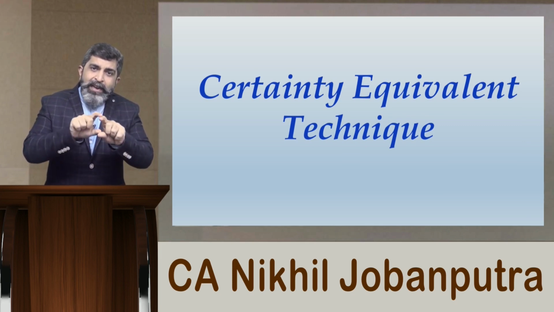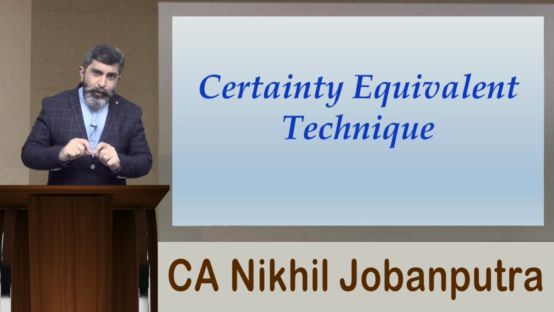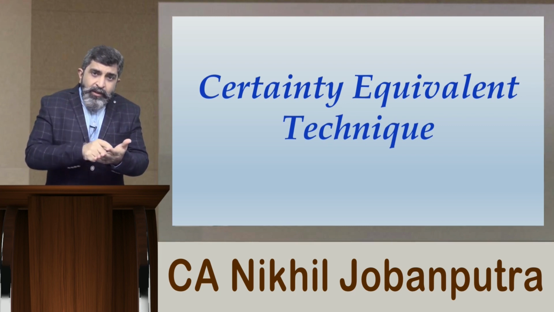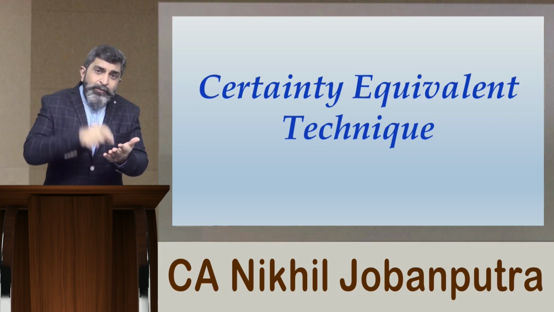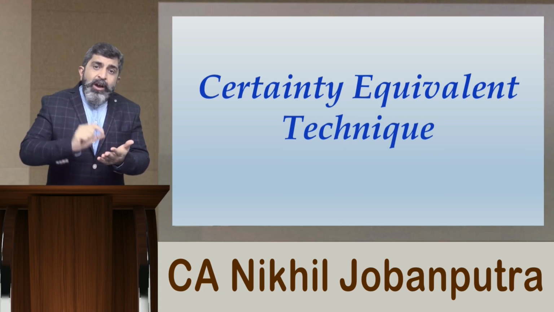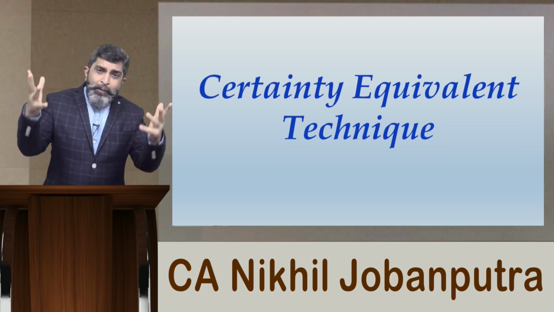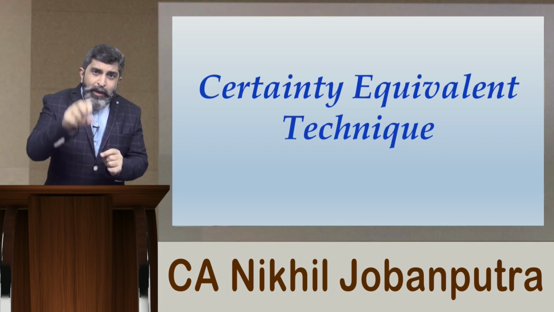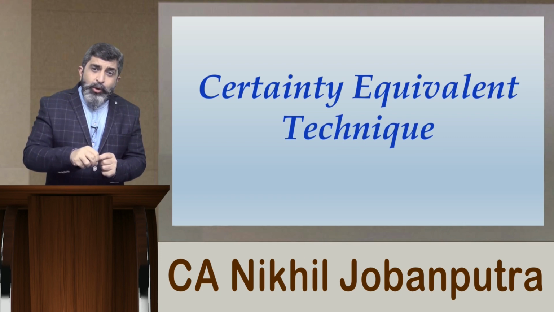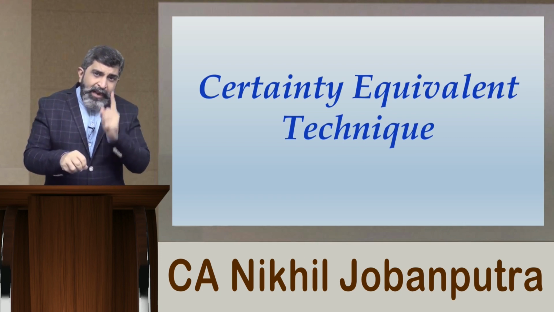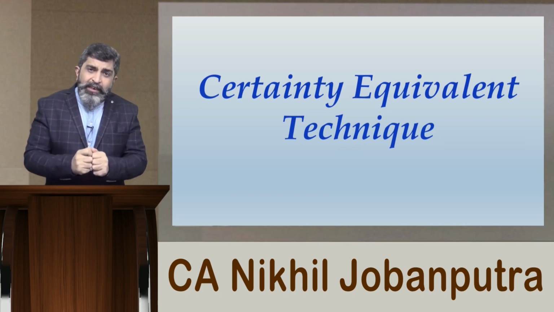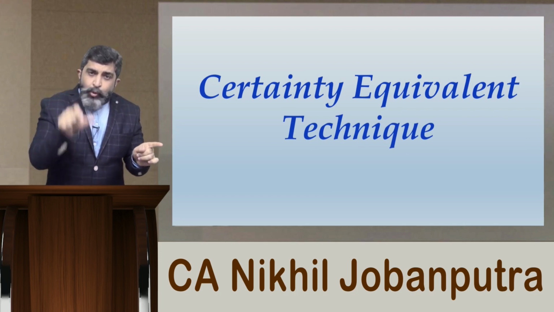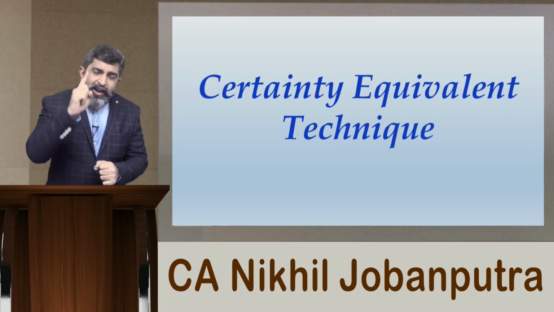Now the question will inform you two lines below the cash flow information. They will say the risk-free rate is 6% per annum. However, the risk class to which this project belongs would have a risk-adjusted discounting rate of 12% per annum. Now, don't be a fool to apply that risk-adjusted discounting rate, because you should consciously remind yourself that under the certainty equivalent technique, you have already made risk adjustments with the cash flows. So the discounting rate that you adopt must be a risk-free rate.